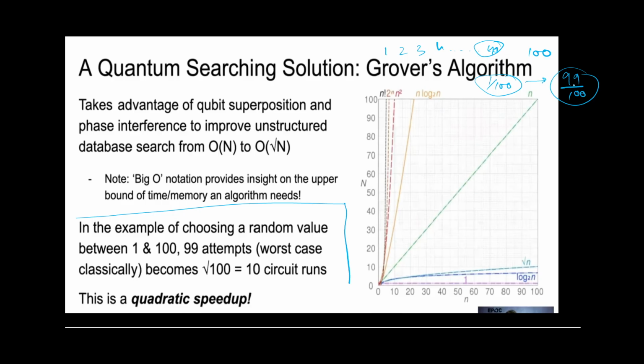So in the worst case I will have 99 failed attempts. But in quantum search it takes root of 100, that is 10. In 10 runs I can find the solution.